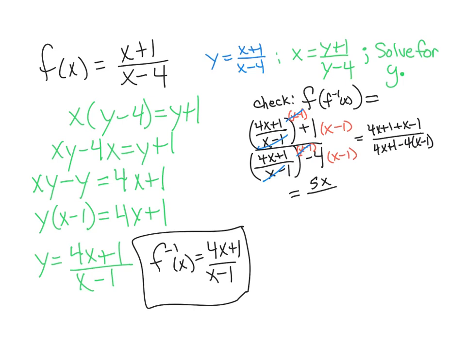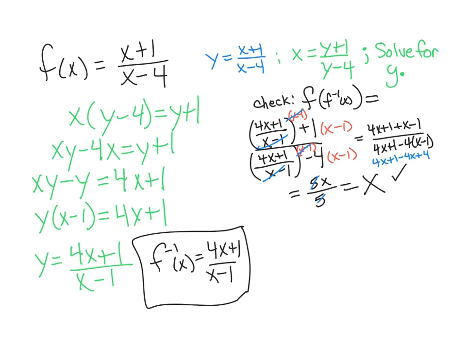I bet I'm going to get a 5 on the bottom. Let's check it. This is 4x plus 1 minus 4 times x, minus 4 times minus 1 is plus 4. The 4x's subtract away, and I get a 5 on the bottom. Bang, bang, and I'm left with x.